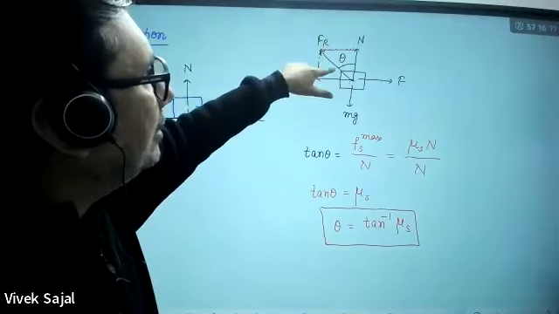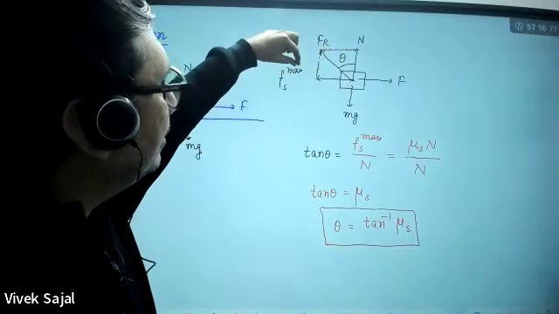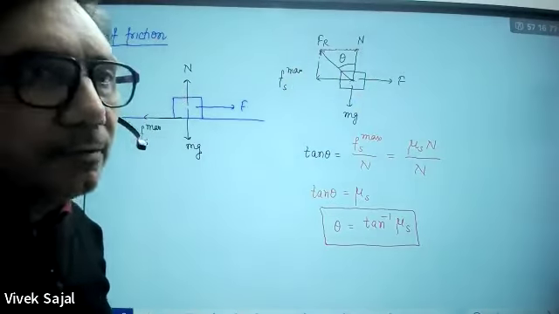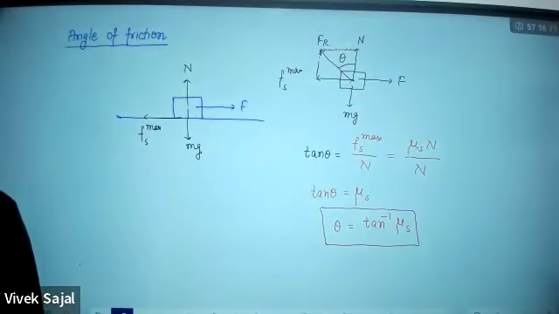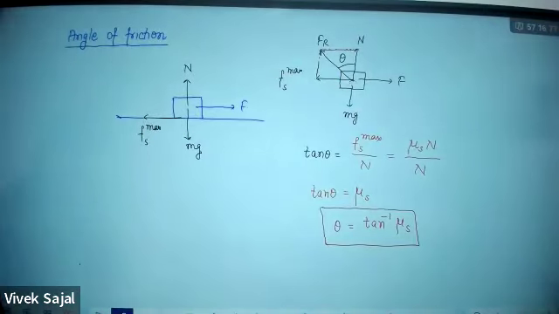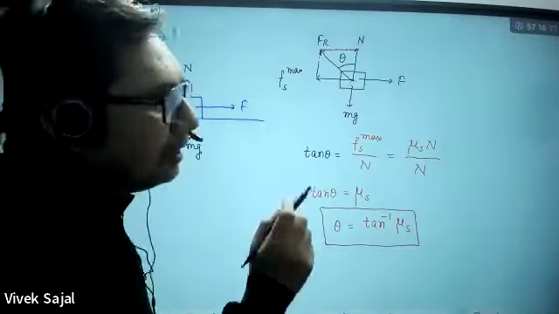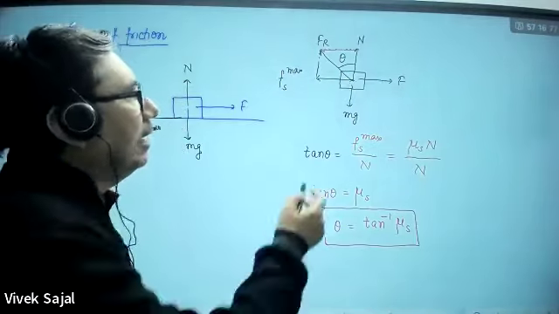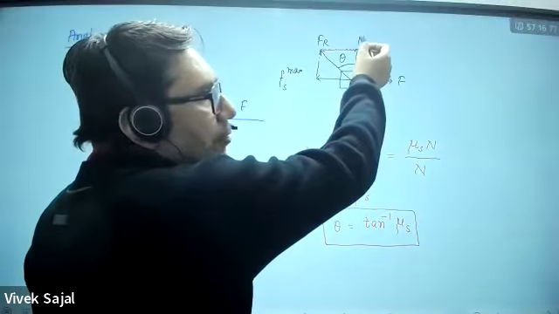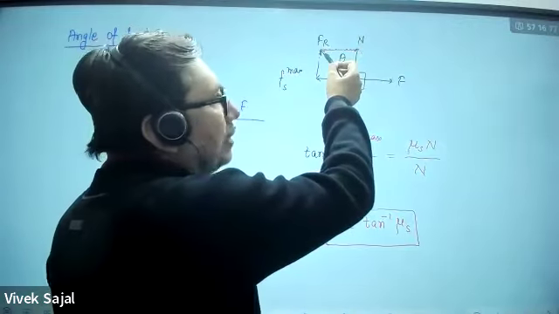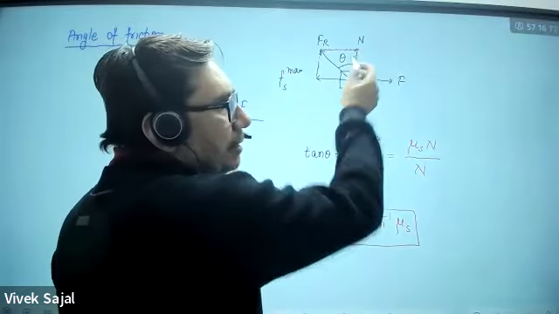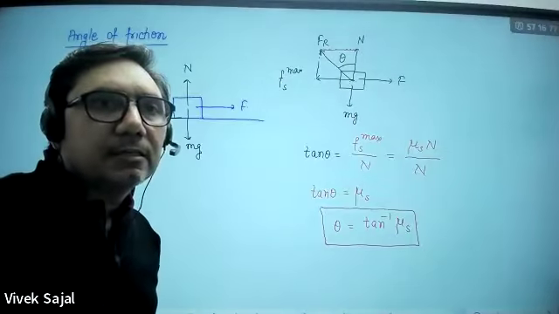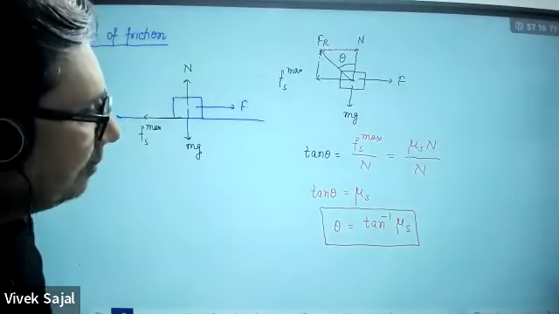So the angle between the normal reaction N and the resultant of Fs max and N is called the angle of friction. Many times you use this in numericals.